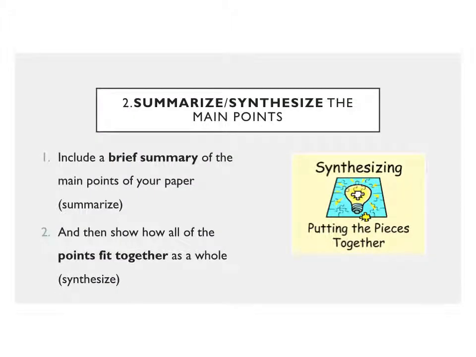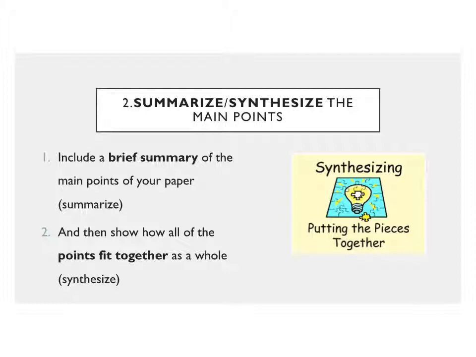All right, step number 2. After you have reworded your thesis statement, the next element to your conclusion is to summarize and synthesize your main points. Begin by including a brief summary of the main points of your paper.